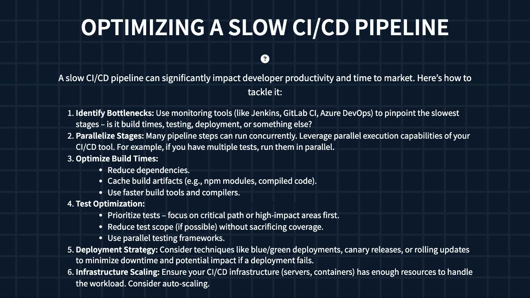Optimizing build times by reducing dependencies and caching artifacts also helps a lot. Don't forget about test optimization. Prioritize your tests and consider scaling up your infrastructure if needed. Continuous monitoring is key. Keep an eye on performance and adjust your pipeline over time to keep things flowing smoothly.